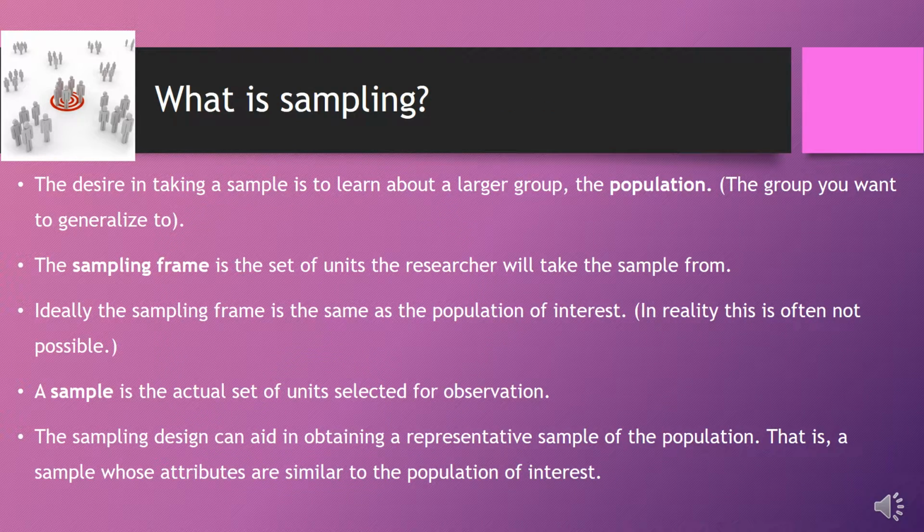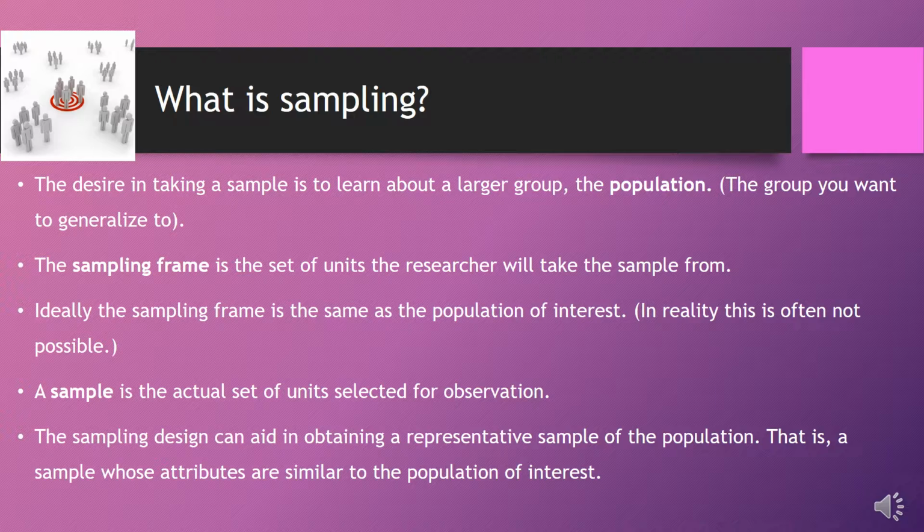What is sampling? The desire in taking a sample is to learn about a larger group, the population. This population is usually the group we want to generalize to. The sampling frame is a set of units the researcher will take the sample from.